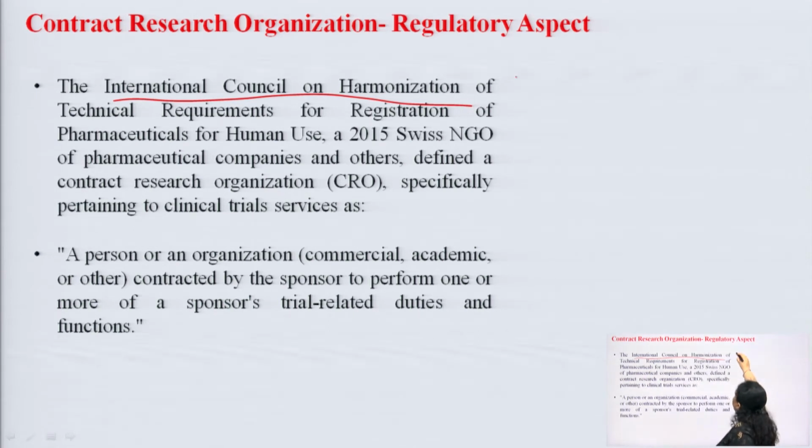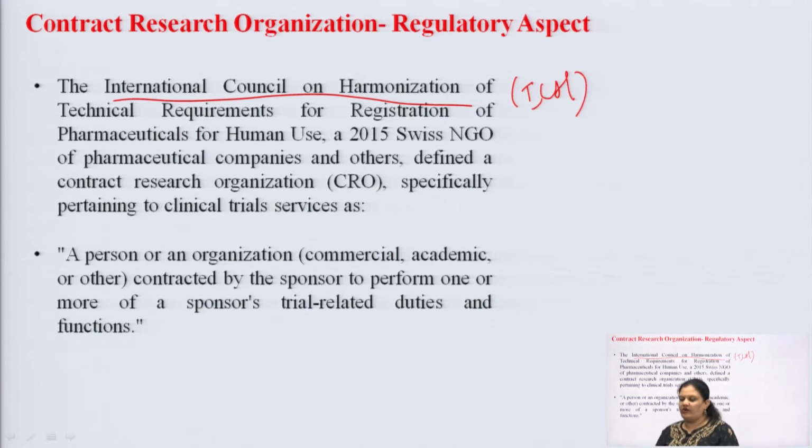This is the regulatory guideline for the startup of a CRO. In short, it is ICH, International Council on Harmonization of Technical Requirements. Why is it important? For the further registration of any newly discovered drug, any device, any pharmaceutical for human consumption or human use.